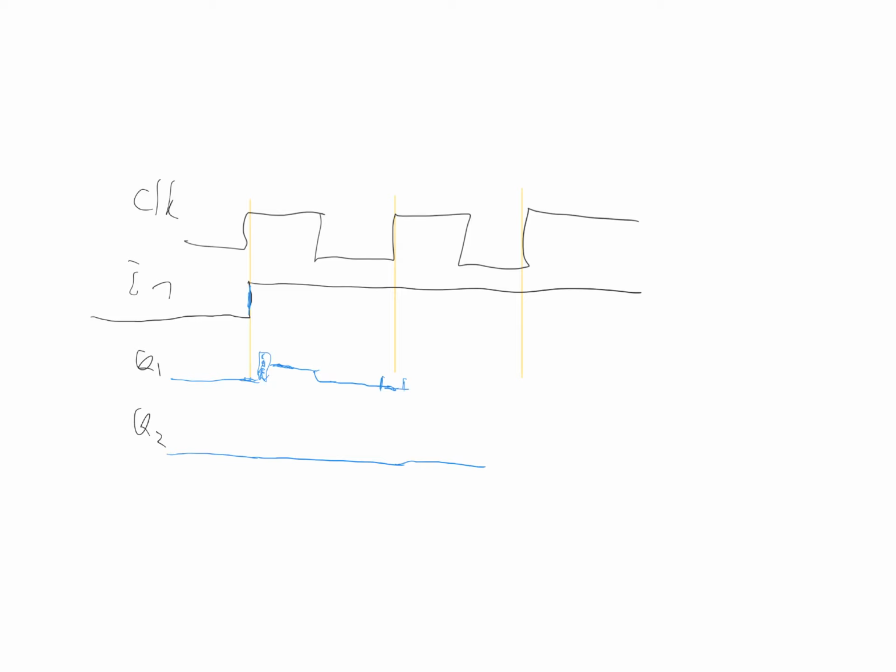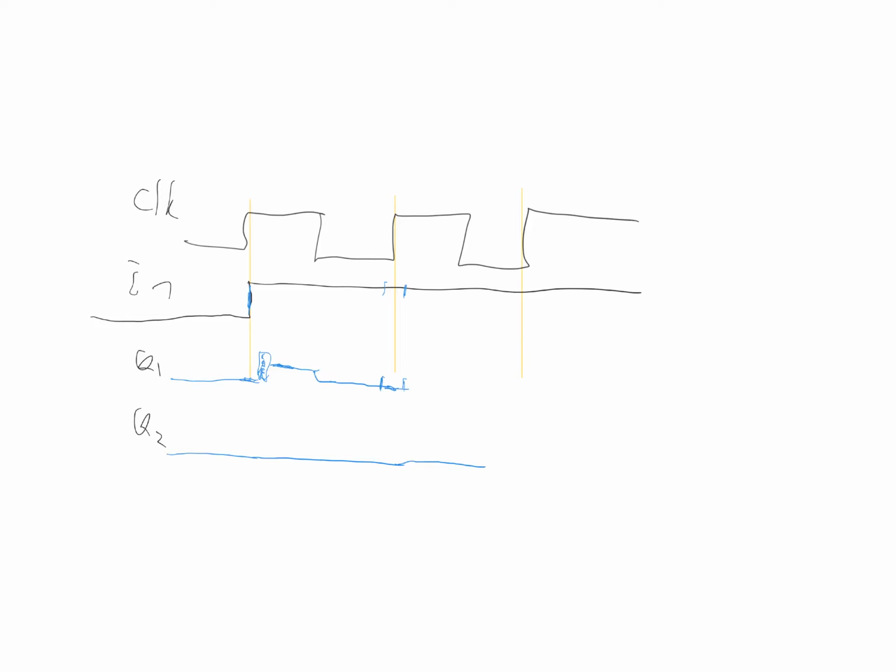At the second rising edge, what happens to the first flip-flop? Well, the input to the first flip-flop has been a constant 1 around the rising edge this time here. And so this second flip-flop is going to clock in a nice clean 1.